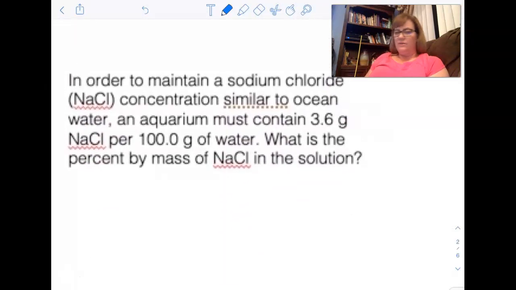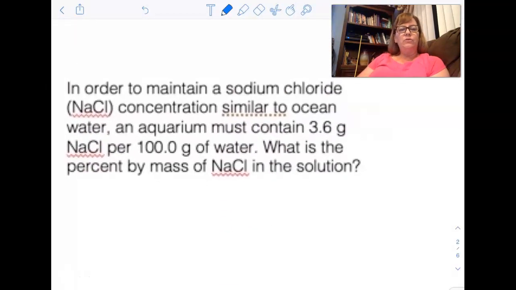So here's a sample problem. In order to maintain a sodium chloride concentration similar to ocean water, an aquarium must contain 3.6 grams of sodium chloride per 100 grams of water. What is the percent by mass of the sodium chloride solution?